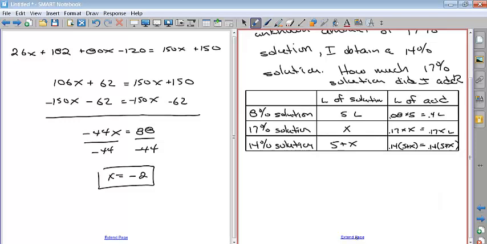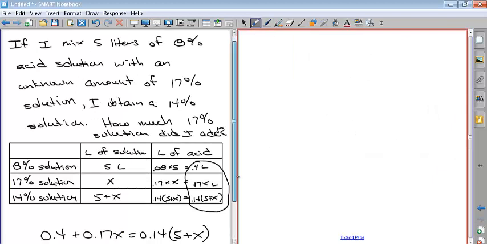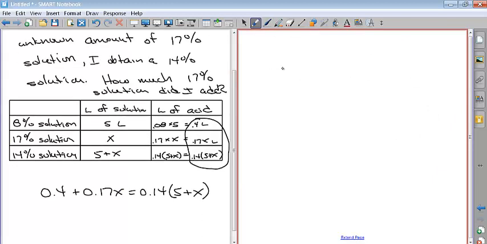To find X, you add this plus that equals that. So you take 0.4 plus 0.17 times X is equal to 0.14 times 5 plus X. What we would do is get rid of the decimals, and we have 2 decimals, so we multiply by 100.